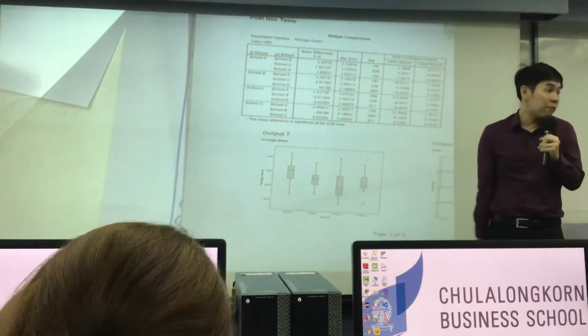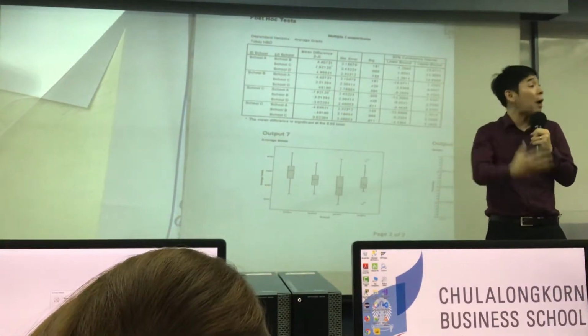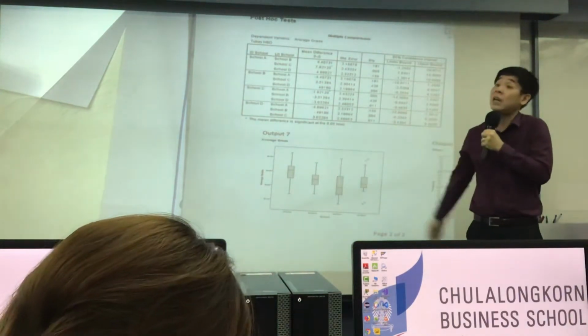If there is some difference, it implies that somehow school affects how they do. If they differ, it means the schools don't have the same standard.